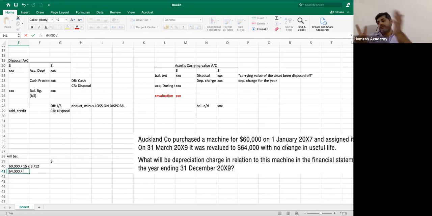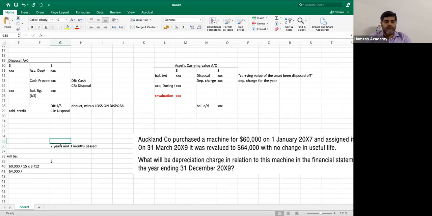The total life is 15 years, so the remaining life is 12 years and 9 months.